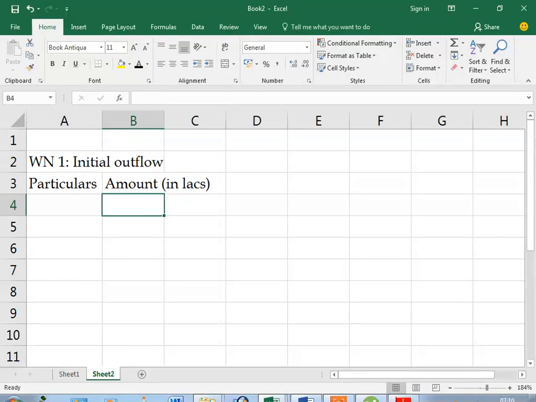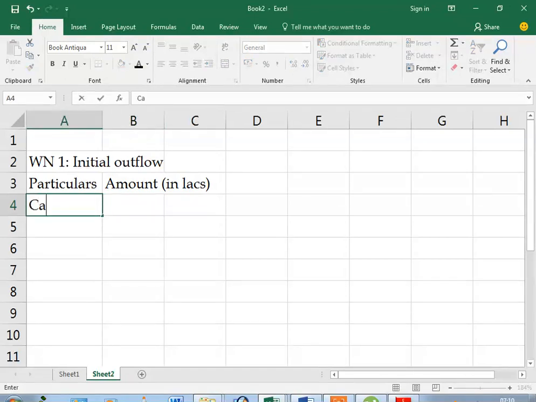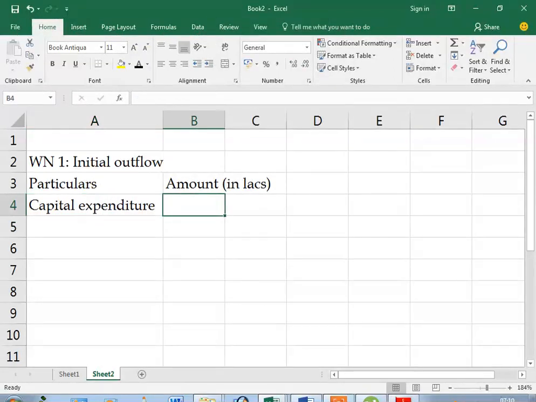First item is capital expenditure. Look at the question and see, is there any capital expenditure, any machinery data given? How much is the amount you are going to spend on day 0?